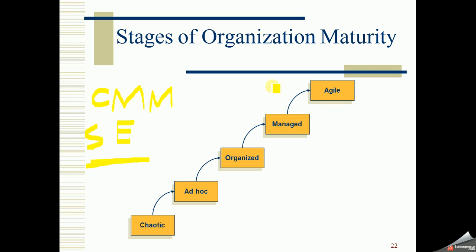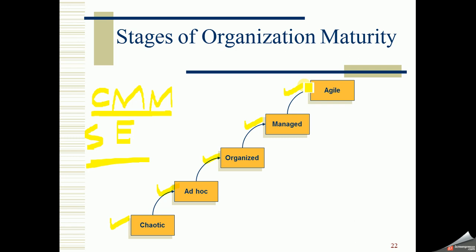So this maturity model is based on that. The first level is chaotic, the second is ad hoc, the third is organized, then managed, and the highest level of cultural maturity in an organization is agile.